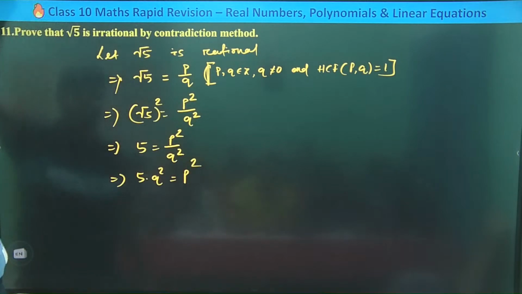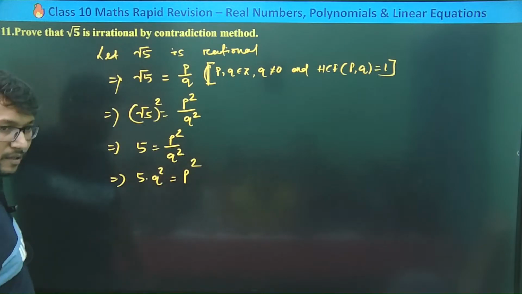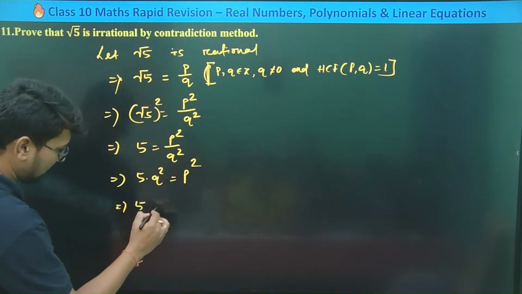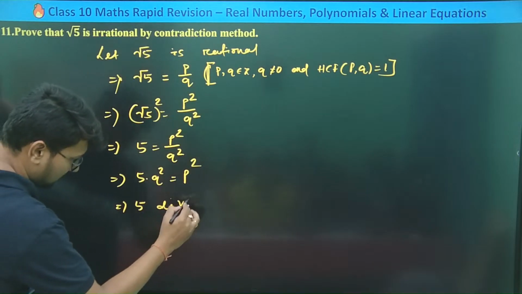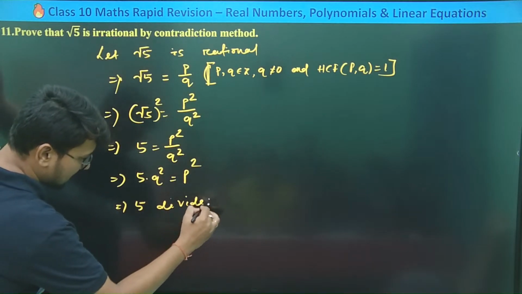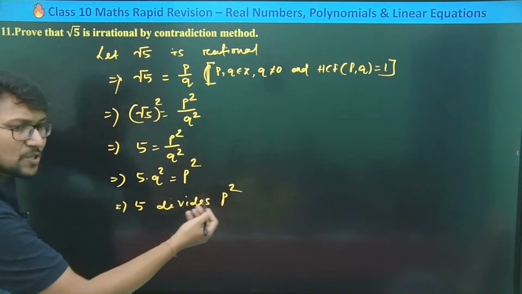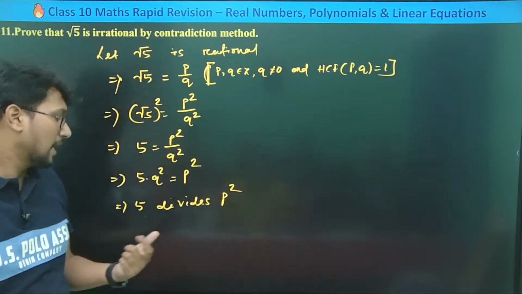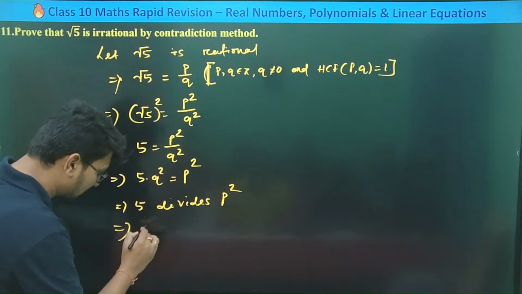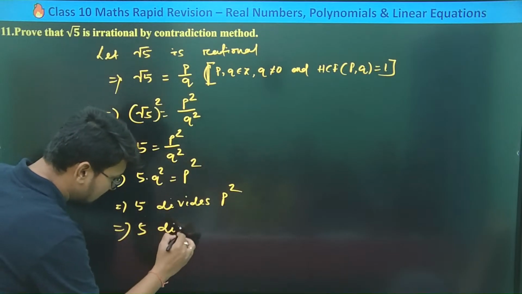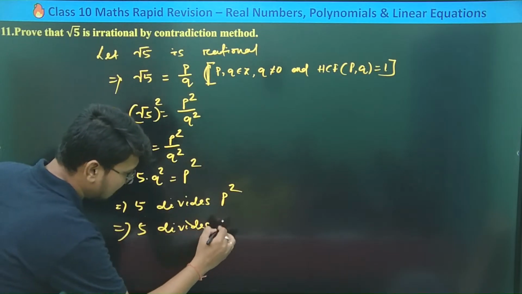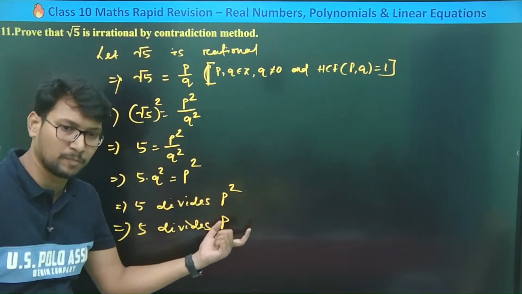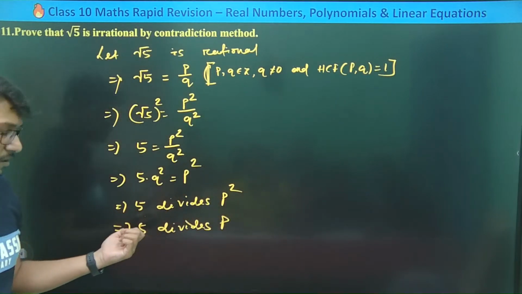Then it means what? This implies 5 divides P square. What does 5 divides P square mean, children? 5 is a factor of P square. And if 5 is a factor of P square, then 5 divides P. No need to learn. Divides means factor. 5 is a factor of P square. Got it?